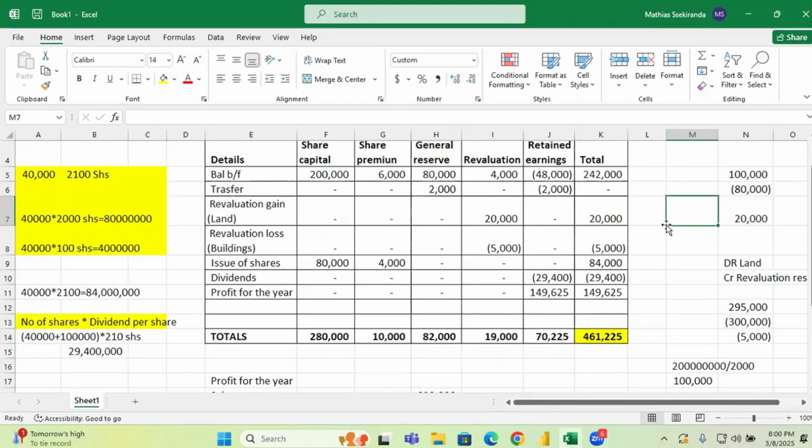When you add these horizontal figures, should give you that intersection 461. And when you add also the vertical figures, this vertical total should give you the same total.